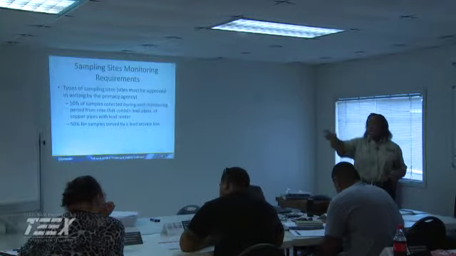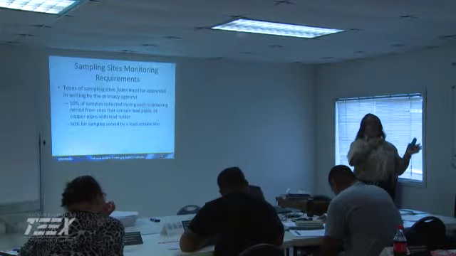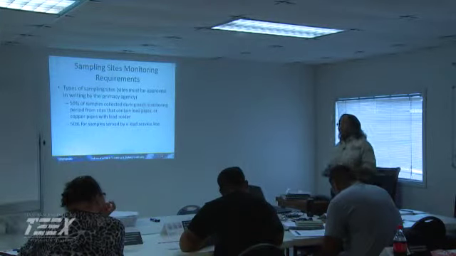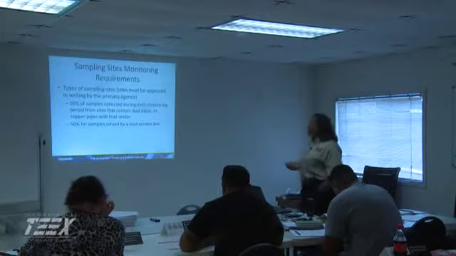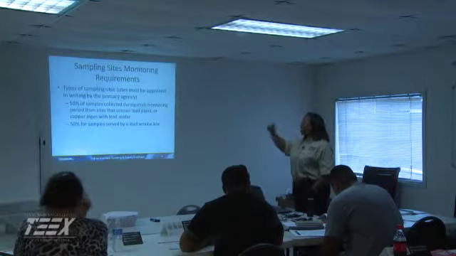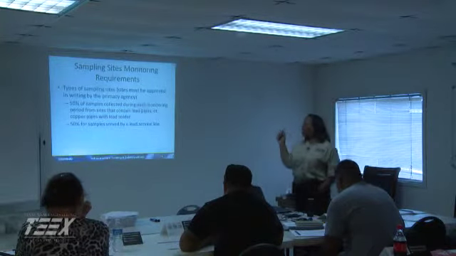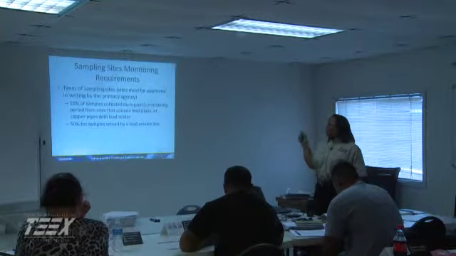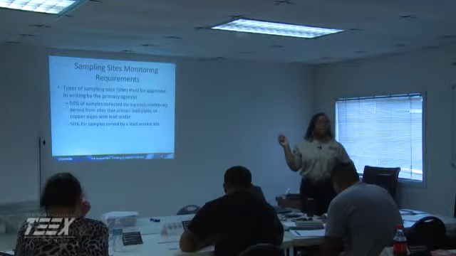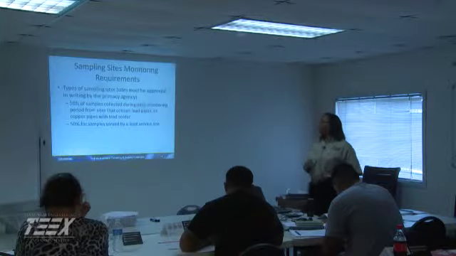And again, you have to make sure you've done due diligence and you have a backup as to why you've selected these sites. 50% of your samples collected during the initial or each monitoring period must be from sites that contain lead pipes or copper pipes, and 50% served by a lead service line. This was the initial criteria for the initial round of sampling.